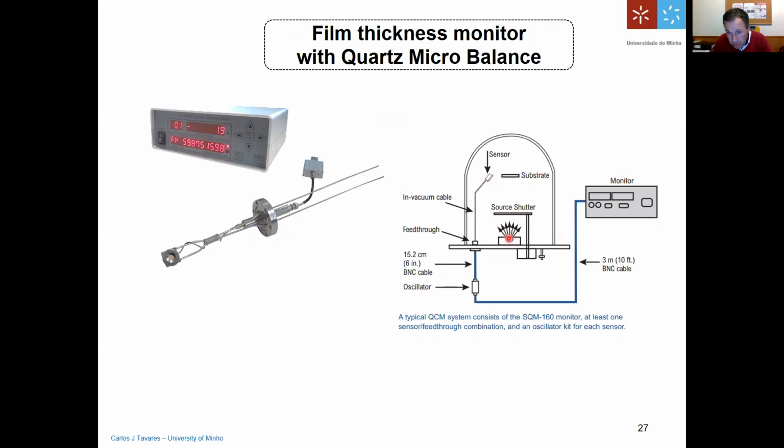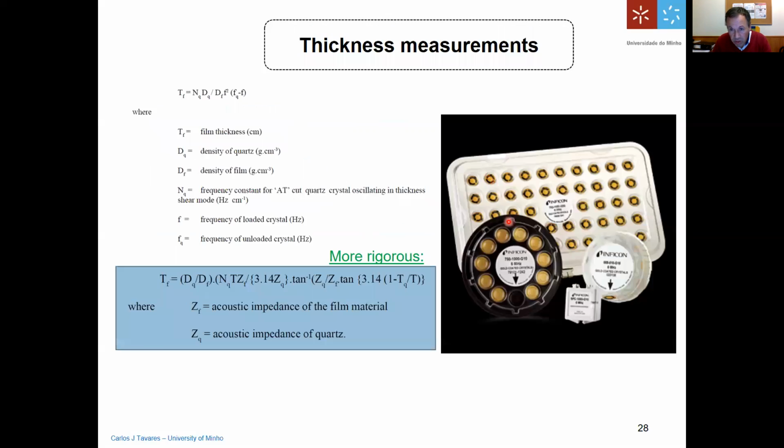If you know this angle, you can use a tooling factor to correct the thickness, because the thickness here is different from what is actually being produced at the sensor, since more atoms go in this direction than in that direction. As long as you know this distance, the normal direction, the distance from the crucible to the sensor, and the angle it makes, then you can apply this formula.